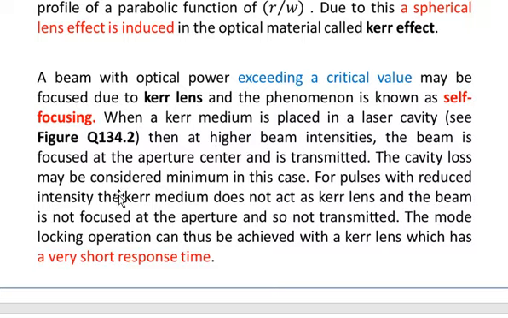For pulses with reduced intensity, the Kerr medium does not act as a Kerr lens, and the beam is not focused at the aperture and so is not transmitted. The mode locking operation can thus be achieved with a Kerr lens which has a very short response time, provided the input intensity incident on the Kerr cell has exceeded the critical value.